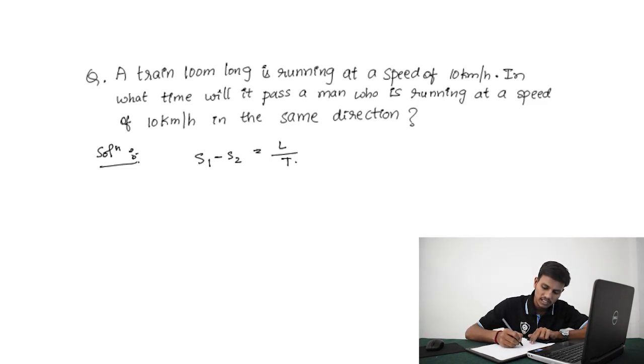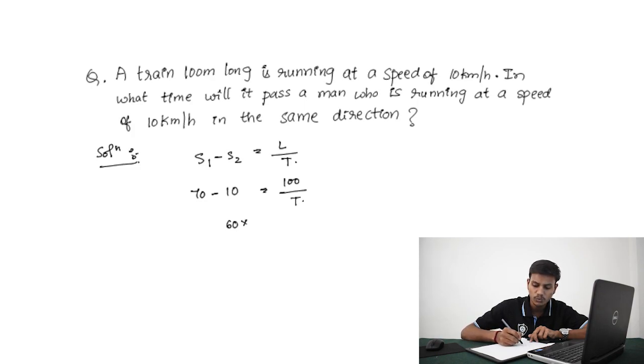Given the length of the train is 100 meter, the speed of the train is 70 kilometer per hour, and it passes a man who is running at the speed of 10 kilometer per hour. 70 minus 10 is equal to 100 divided by time. So 70 minus 10 is 60, which is in kilometer per hour.